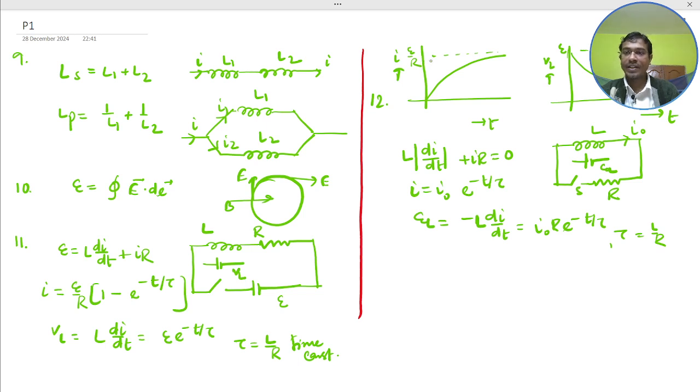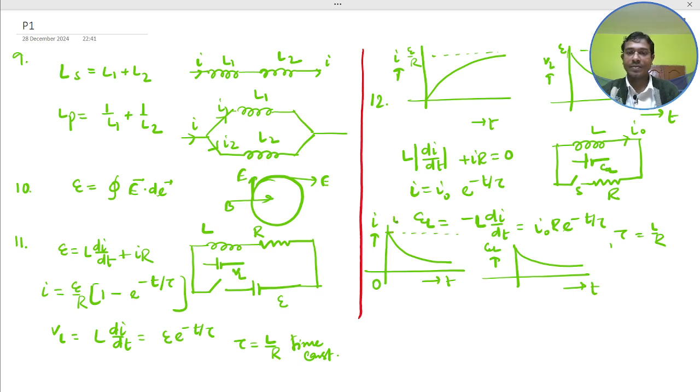This graph is basically the reverse, like I versus t and V versus t would be the same type of graph. Here the I versus t, and the epsilon L versus t, where this point is the I naught, and here this point is the I naught R.